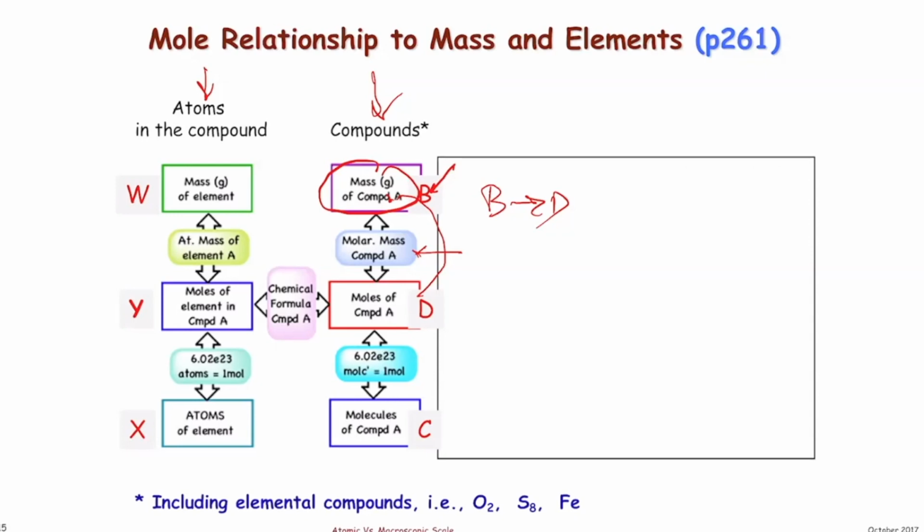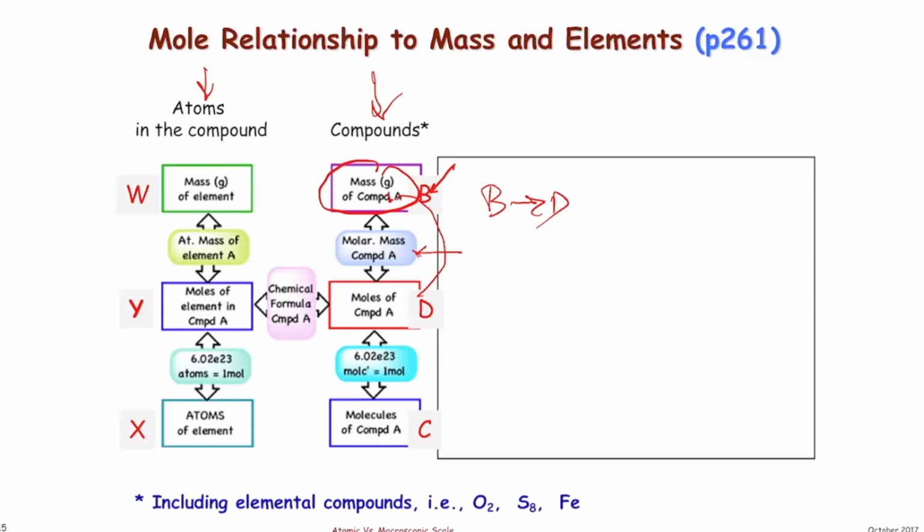So again, going back to this, what I want you to see is how to use this chart to make stoichiometry super easy. Right now it's complicated because you're trying to understand what's going on, but it can be made super easy if you learn how to use this chart.